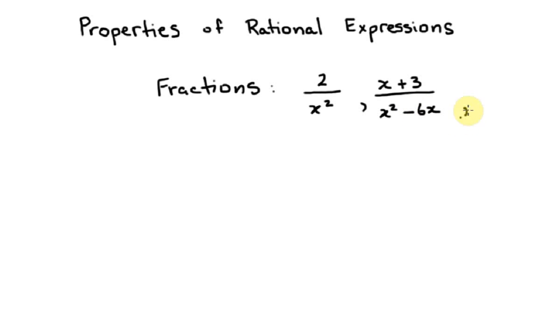What we don't want to see is things like if you had, say, 2 on the top and then someone tries to put in a square root of x. That's no good. This is not a rational expression, because you've got the square root of x, which isn't really a true polynomial.